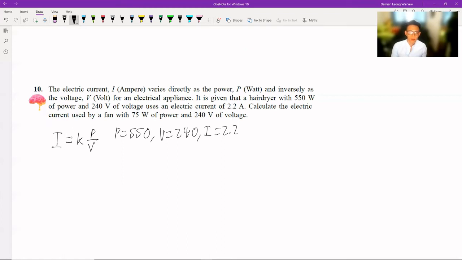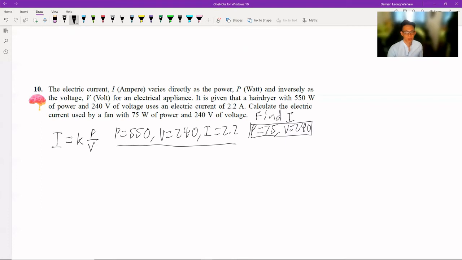We want to find the electrical current used by a fan with 75 watts of power, means P is 75, and 240 volts of voltage, V is 240. So this is what I want to find, I, basically.